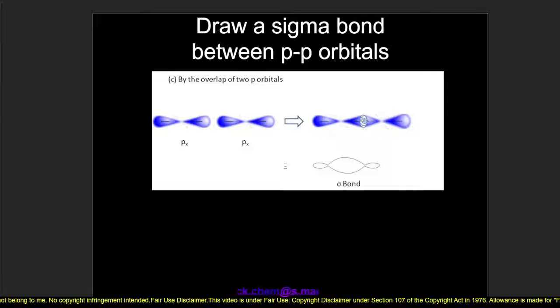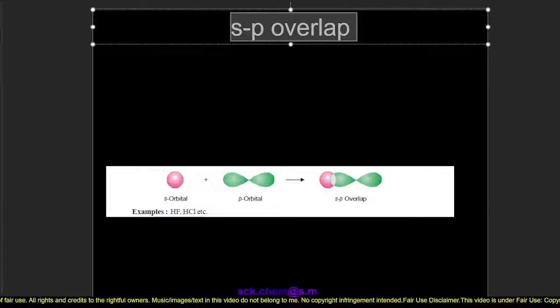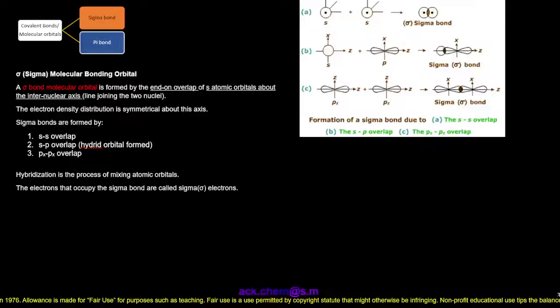That end-on overlap will give us electron density which is distributed about that internuclear axis. So overlap of two px orbitals also gives us a sigma bond. An s orbital and a px orbital can also overlap to give us a sigma bond. We're going to continue by actually drawing what the overlap between the orbitals should look like.